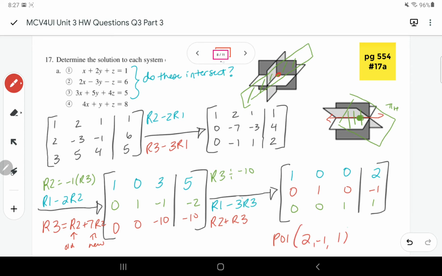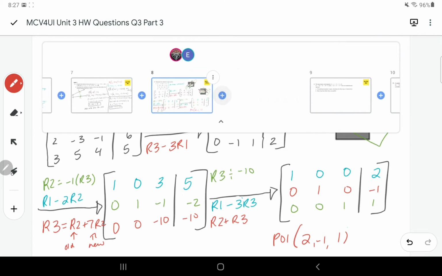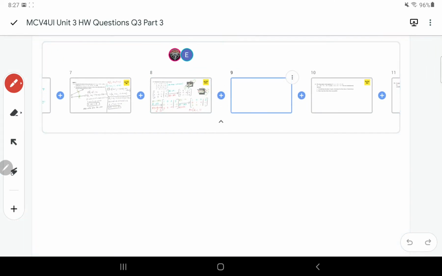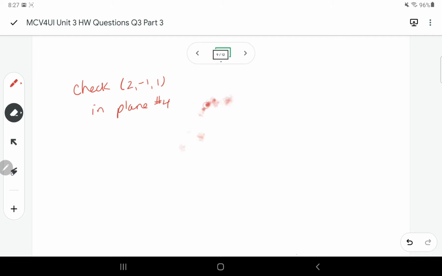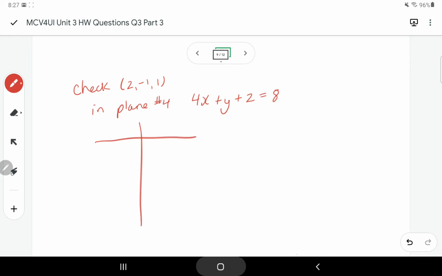I'll just add a slide in here. So we're going to check 2, -1, 1 in plane 4 and see if that intersects. So plane 4 was 4x plus y plus z equals 8. And we'll just do a left side, right side check.